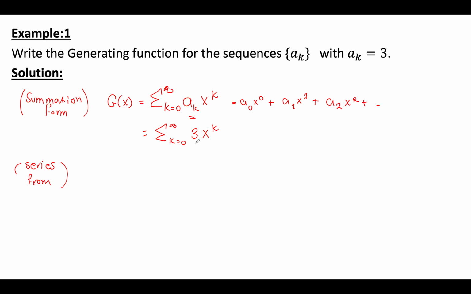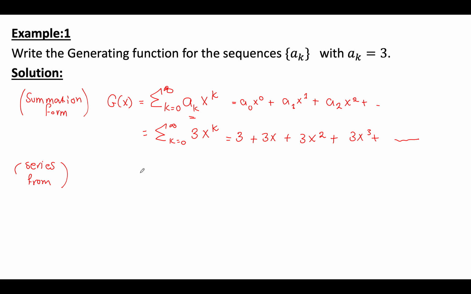Now, since a_k is equal to 3, I will have 3 times x to the power 0, which is 1, so we have 3. Then 3x, then 3x squared and 3x cubed, and we will keep going. What I did is substitute the value of k by 1, 2, 3, 4 until infinity.